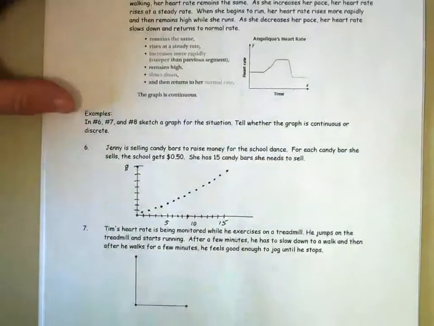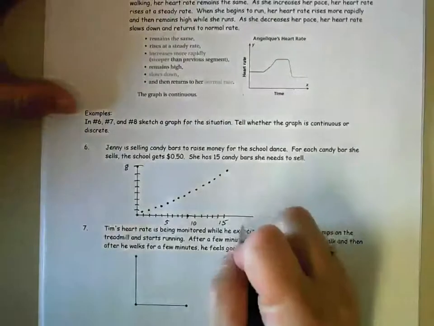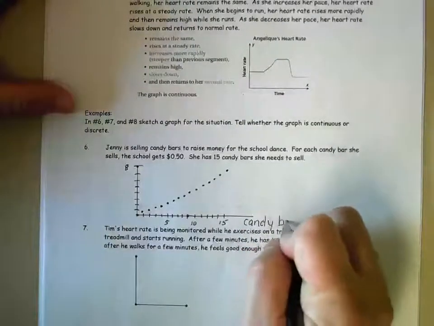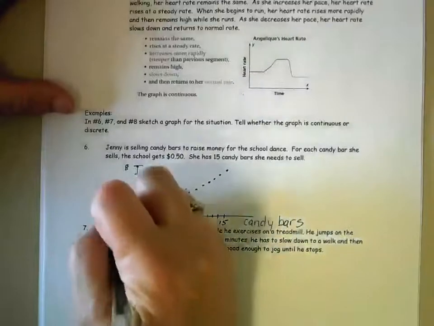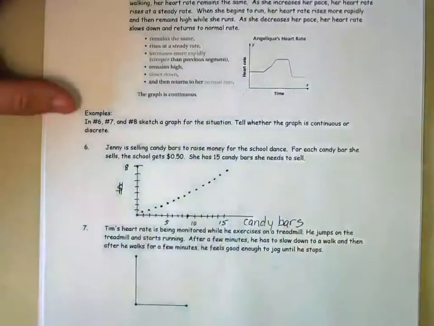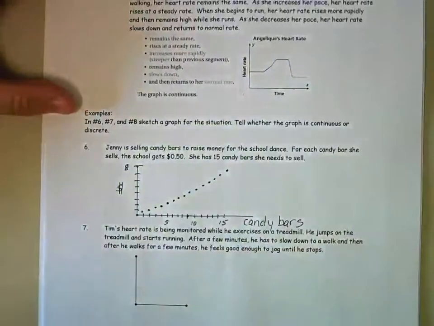And 15 is $7.50. And I should label the axis. This is how many candy bars she has sold, and this is how much money she has earned. And I'm going to give you a second to get caught up because I probably did that a little bit fast.